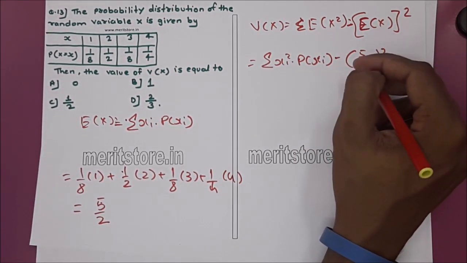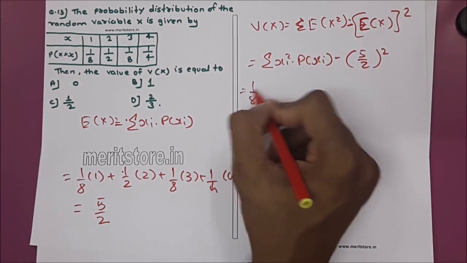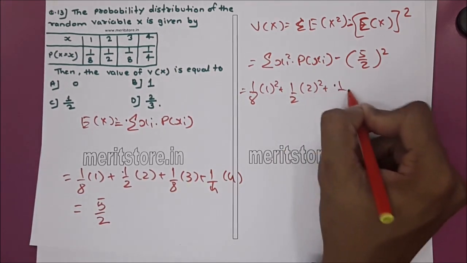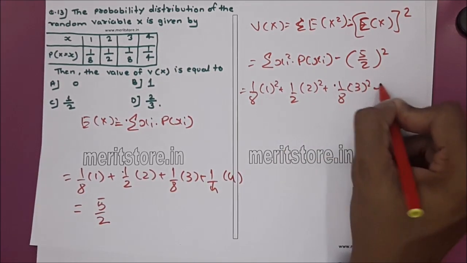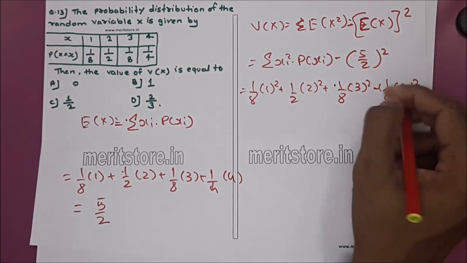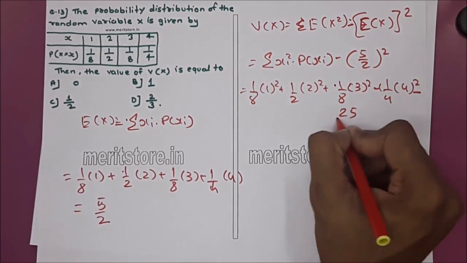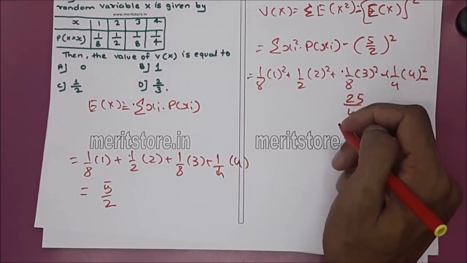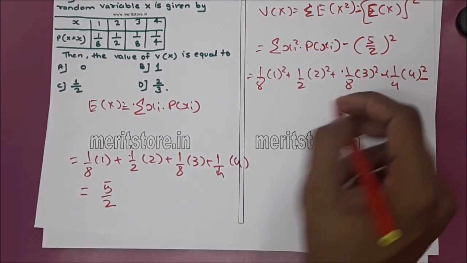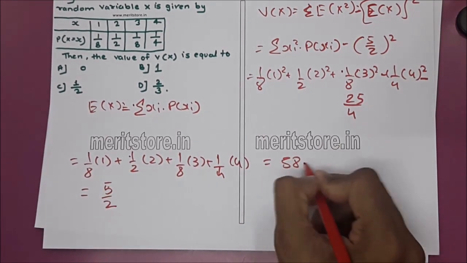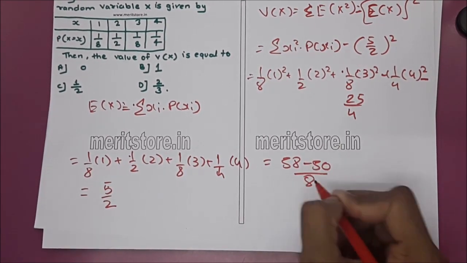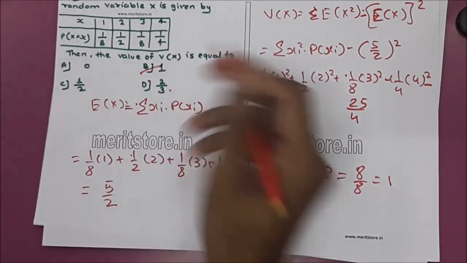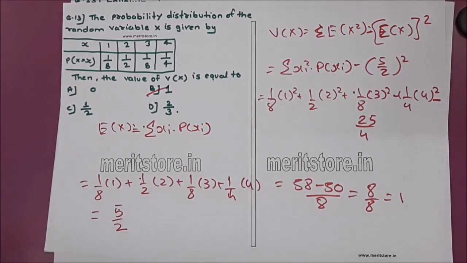We substitute all the values: 1 by 8 times 1 square plus 1 by 2 times 2 square plus 1 by 8 times 3 square plus 1 by 4 times 4 square minus 25 by 4, which is 5 by 2 the whole square. So we solve this, we take the LCM, we get 58 minus 50 upon 8, which is equal to 8 by 8, which is equal to 1, which is option B. Option B is the correct answer.